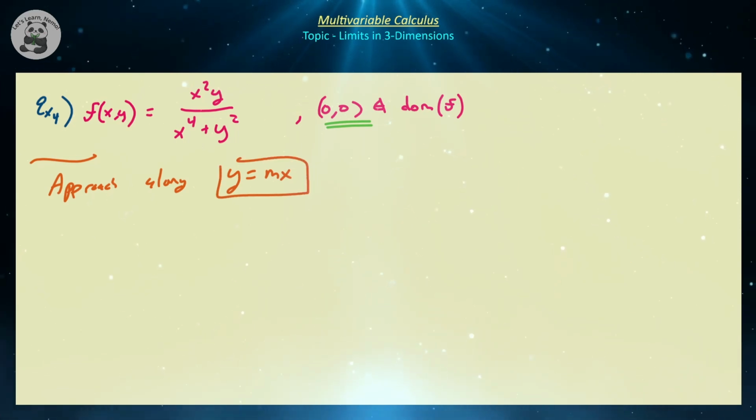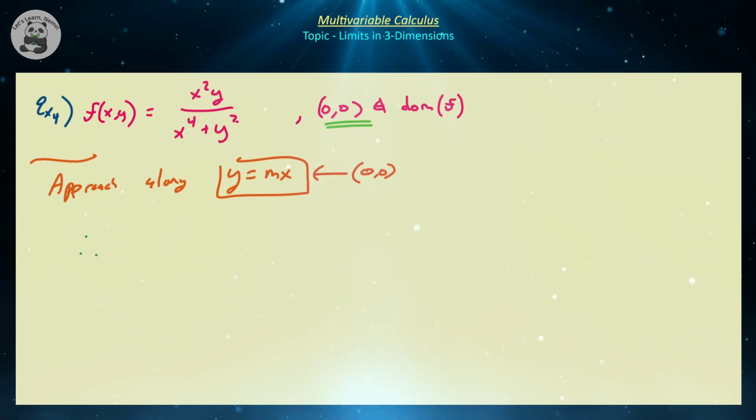Now keep in mind (0, 0) must be on that path, else you can't approach that point on that path. That's a very important thing. So 0 is equal to m times 0 as long as m is a finite number, so everything checks out there.